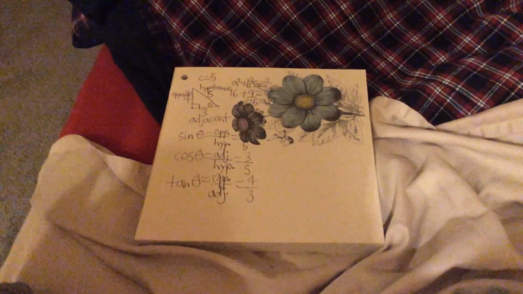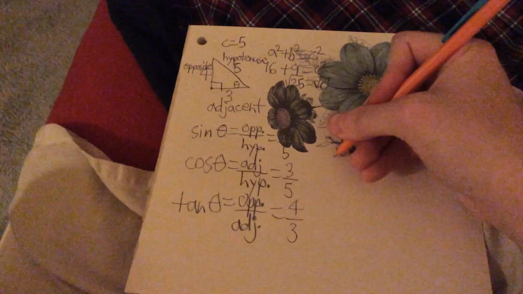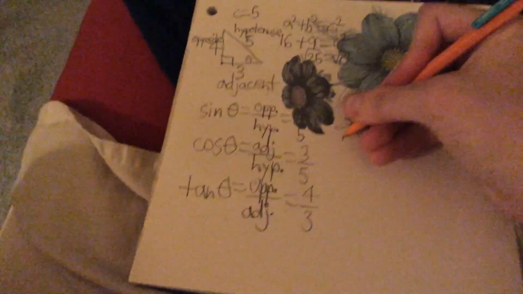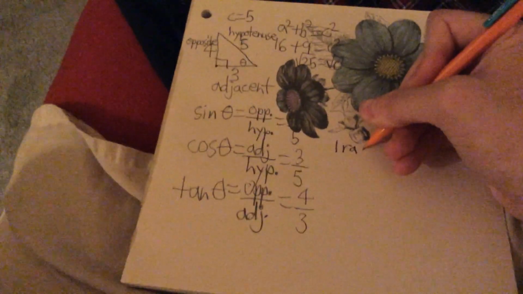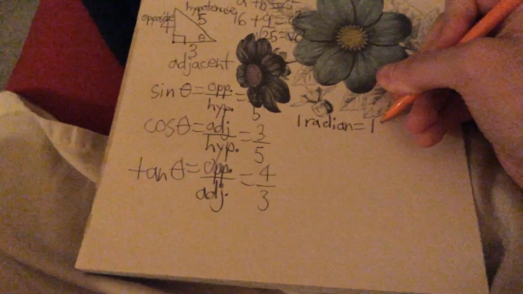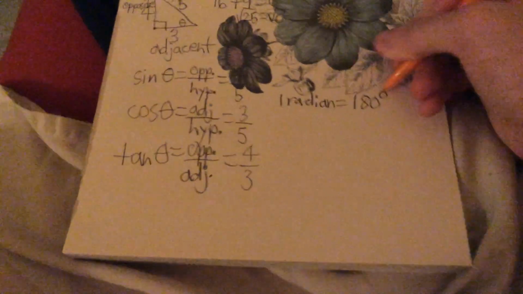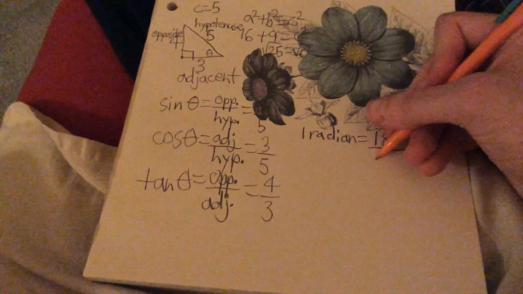You ought to know that in calculus you can't use degrees. It's basically radians only in calculus. The way you convert from radians to degrees is that 1 radian is equal to 180 degrees over pi.